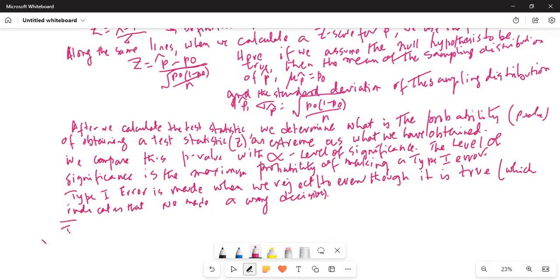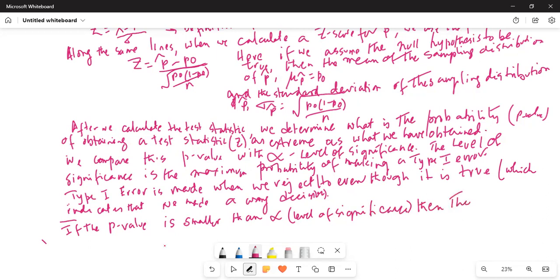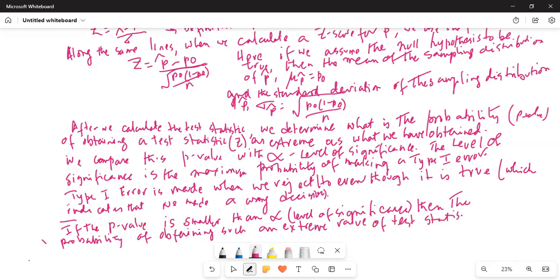Okay, so if the p-value is much smaller than alpha, a level of significance, then the probability of obtaining such an extreme value of test statistic is very small, if H0 is true.